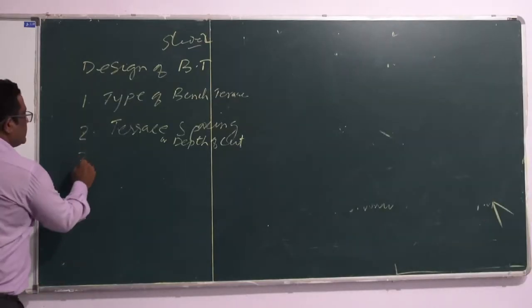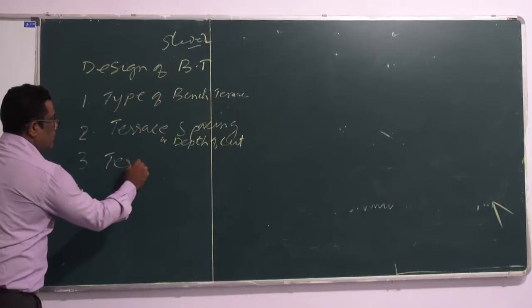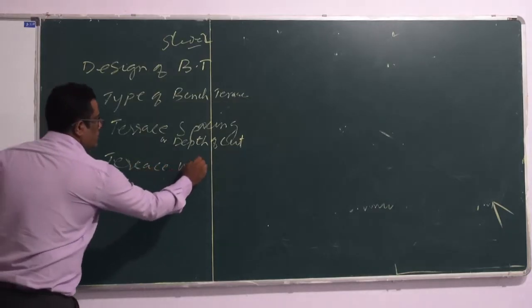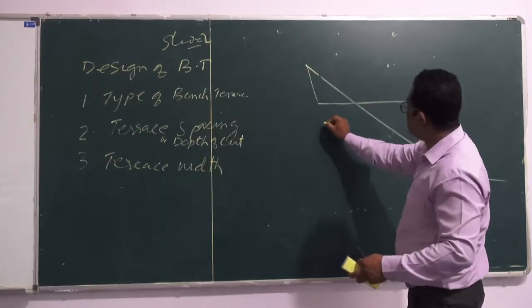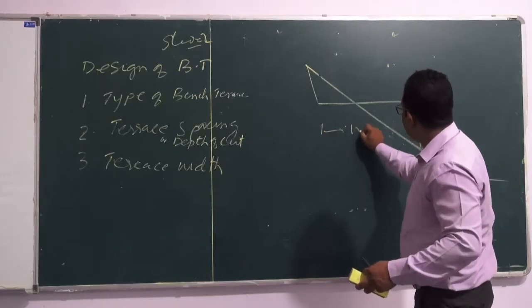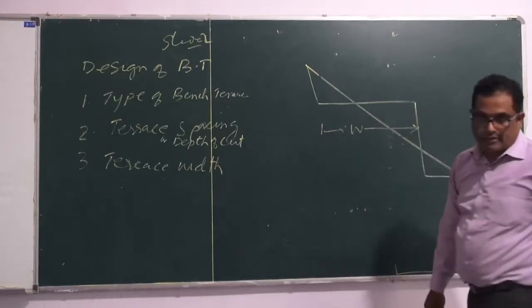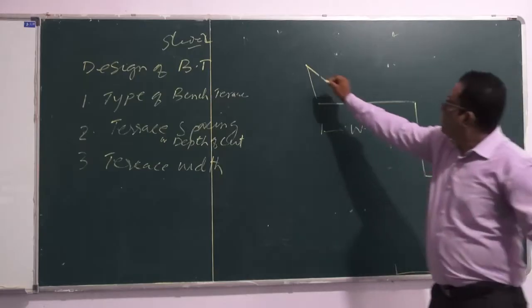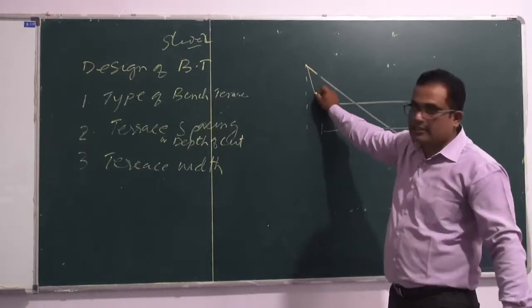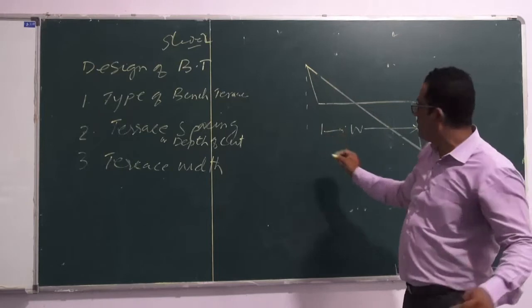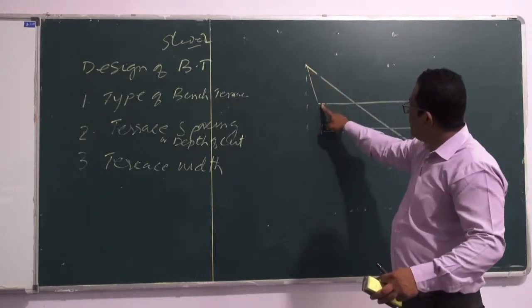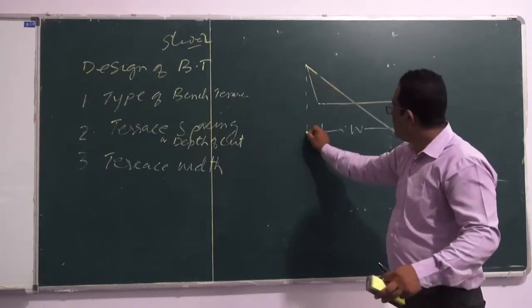The third thing in the design is the terrace width. What is the terrace width? This is your terrace width. And if we have a batter slope of 1:2 or 1:1, we will have this slanting riser or batter.